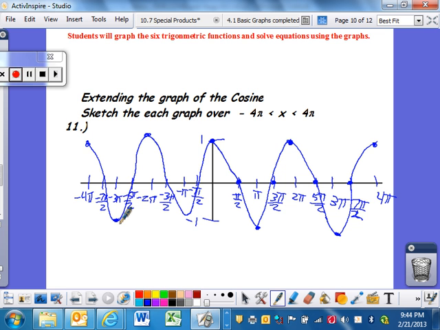We end up going down to negative 1 at our pi's, and then up to 1 at every 2 pi as we repeat. So our period is still 2 pi. We still have to make sure at negative 2 pi and negative 4 pi. Every time we get back to 2 pi, we're going to repeat our graph every single time. So that's the advantage of having our period. Once we graph it once, we can just repeat it after we get to 2 pi.